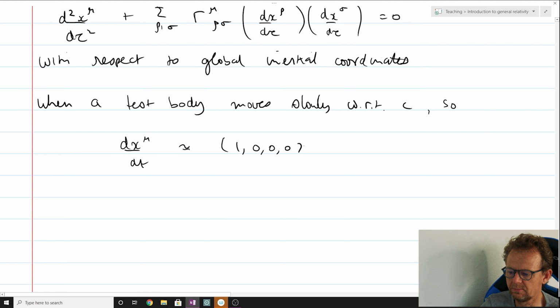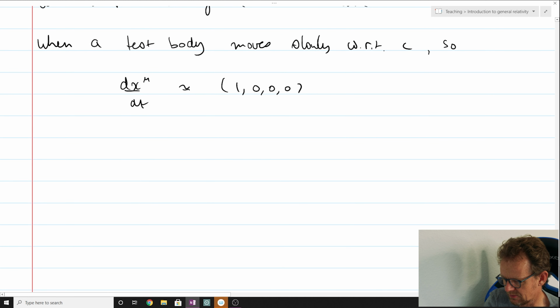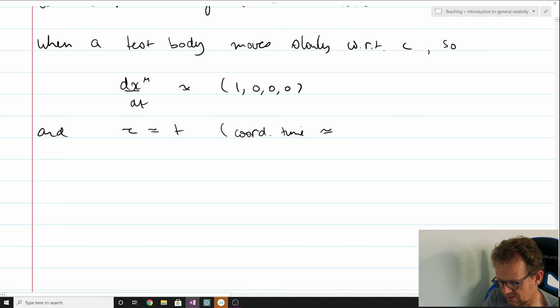That's the simplest assumption we can make about our test body, that it's basically not moving at all, and that the coordinate time is approximately the same as the proper time.